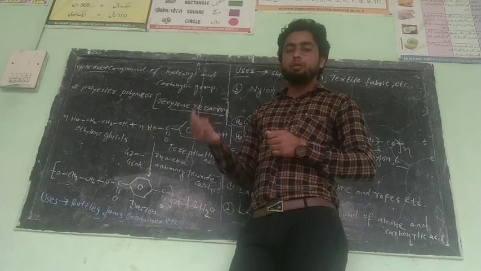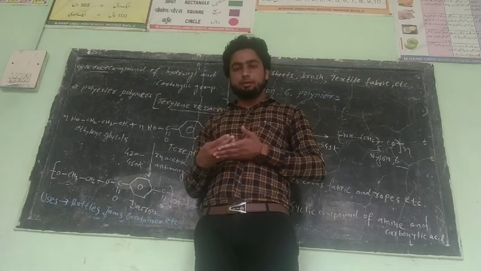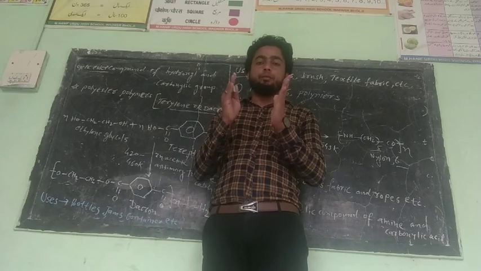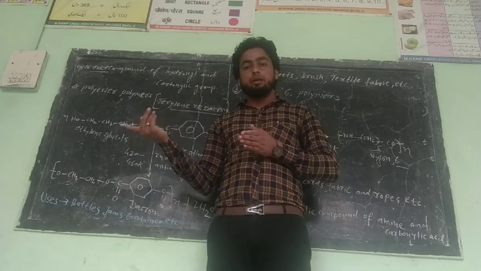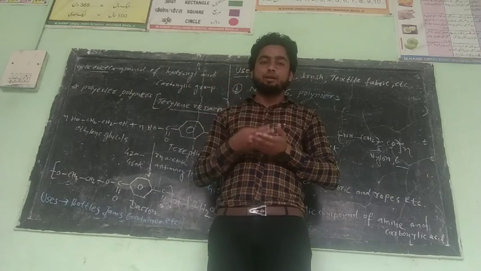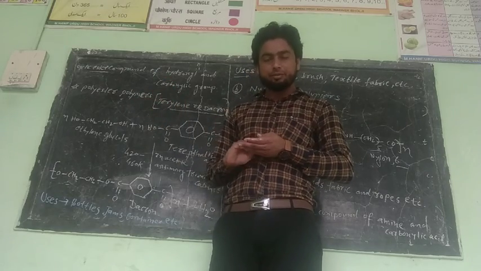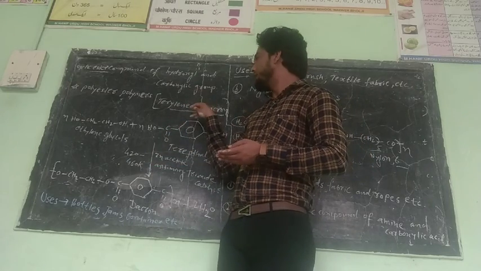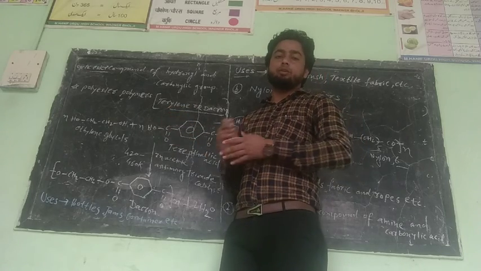Clear? So how to prepare? If you prepare any polymer, you take different types of monomer depending upon the polymer type. If one monomer is rearranged to form the polymer, it is called addition polymer. If two monomers get together and lose a small molecule like water or alcohol, it is an example of condensation polymer. So same here, polyester polymer or Dacron or Terylene polymer is an example of which polymer? Condensation polymer. Why?